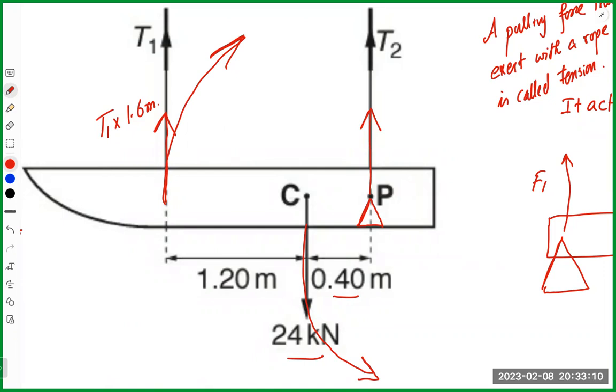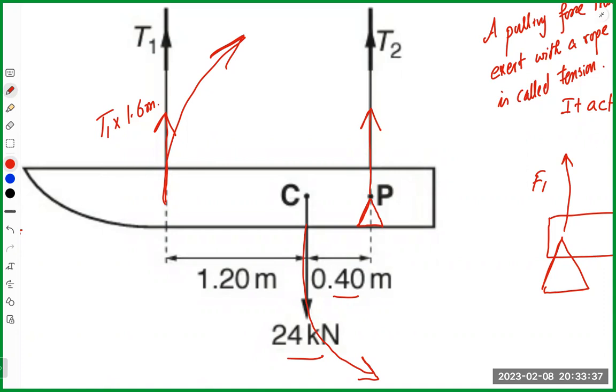Now, how much turning effect is 24 kilonewton producing about the pivot? We have already calculated this in the previous part of the question, but we can do it again. 24,000 multiplied by 0.4 will be the anti-clockwise turning effect. T1 into 1.6 will be the clockwise turning effect, and clockwise and anti-clockwise turning effects are equal.